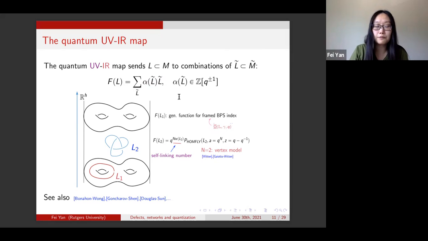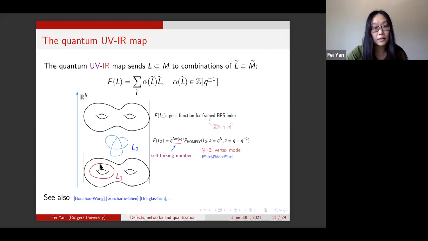Before I very briefly tell you the construction, I would like to tell you what quantities this quantum UV-IR map is computing. There are two special limits one could consider, in which case this quantum UV-IR map gives you something familiar. The first special case is where suppose my link L could be isotoped to sit at a fixed coordinate along the R direction.